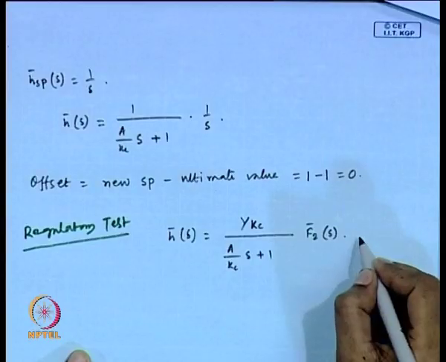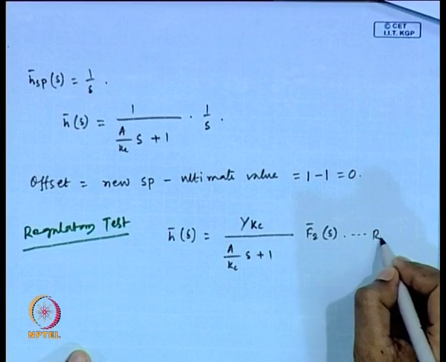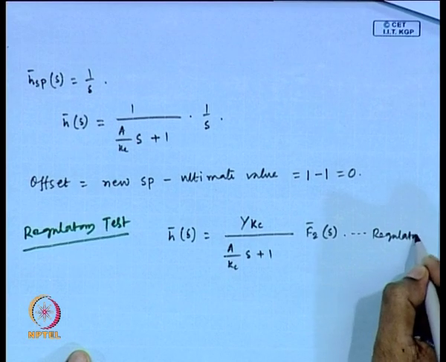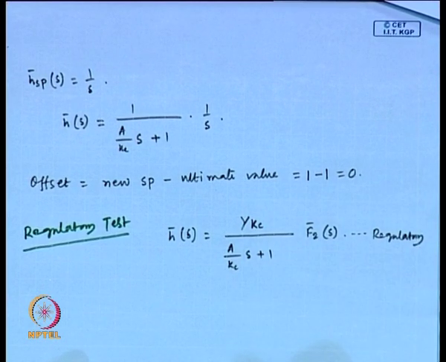This is the closed loop transfer function for the integrating system when no change is introduced in the set point. So, this is for the regulatory case.